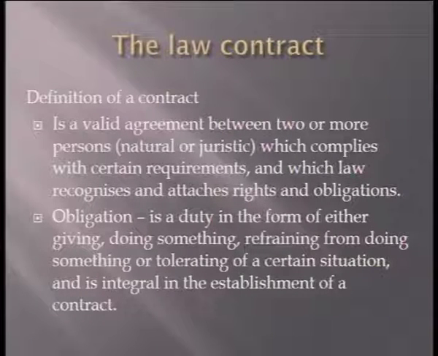The law of contract, definition of a contract. It's a valid agreement between two or more parties, natural or juristic. Remember, at the beginning of this topic, we spoke about a natural person and a juristic person. A natural person is you and me. And when I'm talking about juristic, we mean companies.